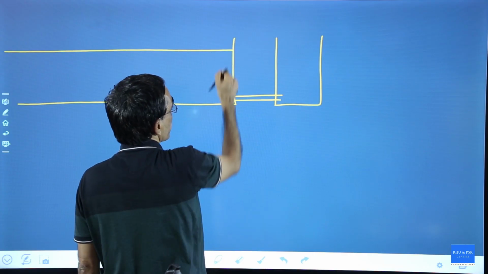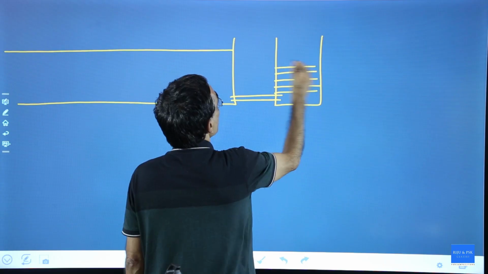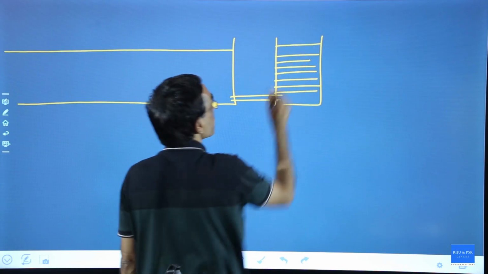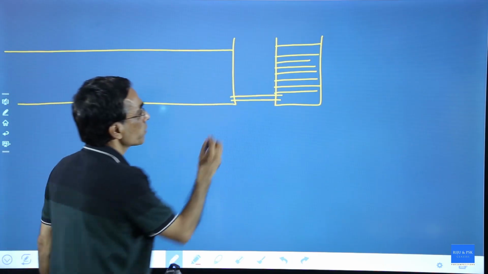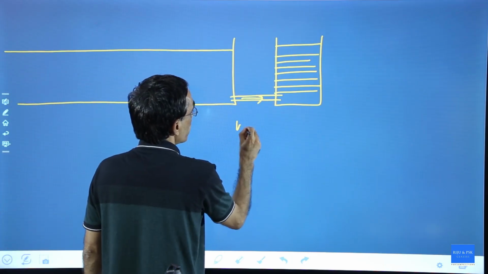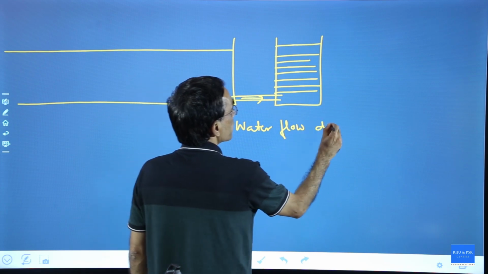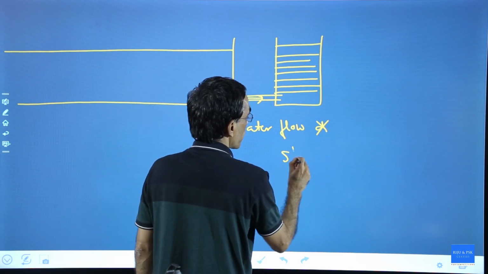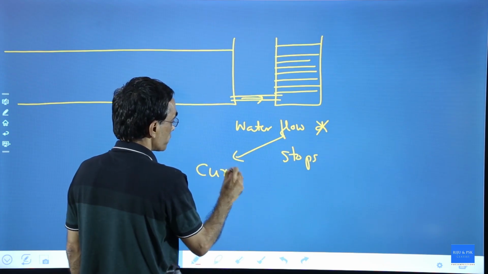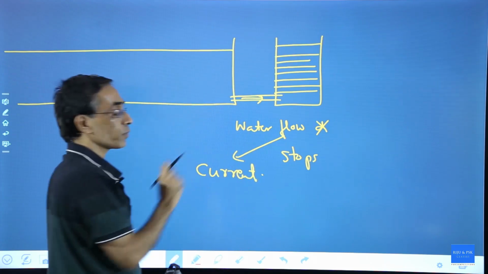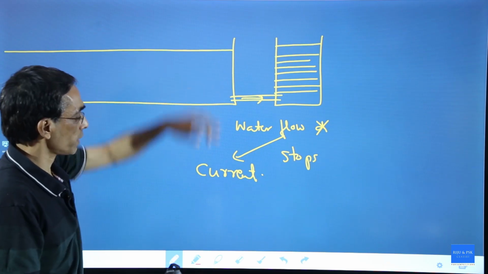This level will not decrease, but this level will increase, and it can fill up to the same level. But once it becomes the same level, what about the flow of water here? Then the water flow stops. Water flow is water current, and it stops once it is at the same level. Okay.